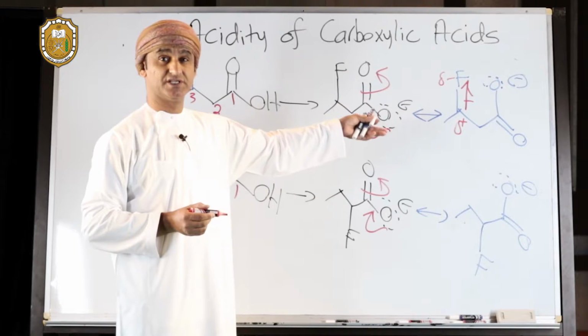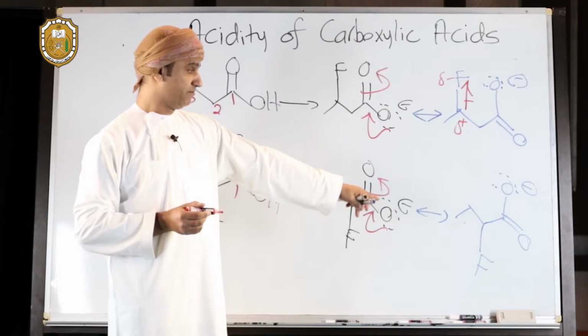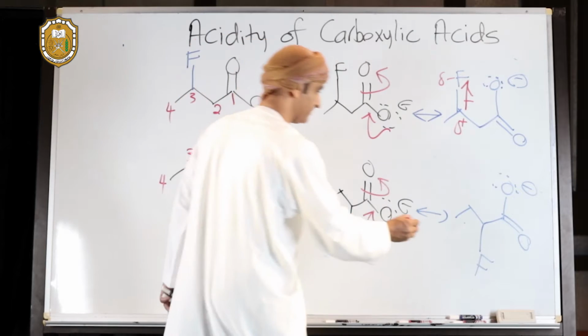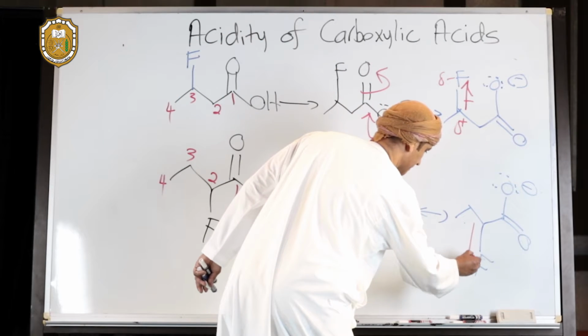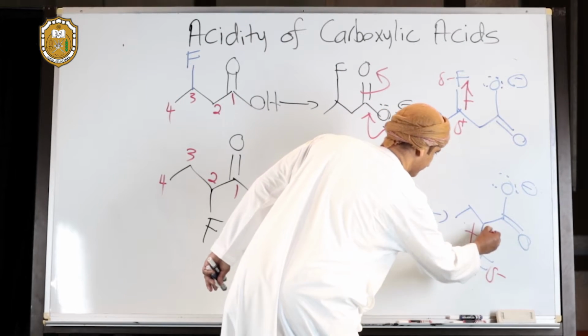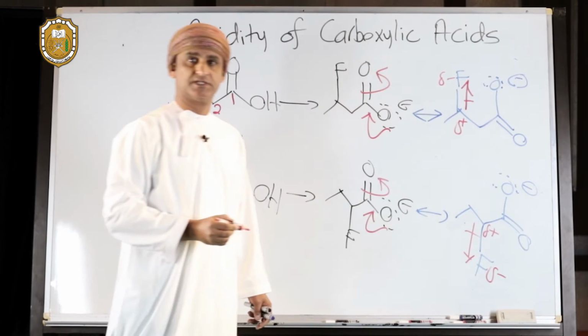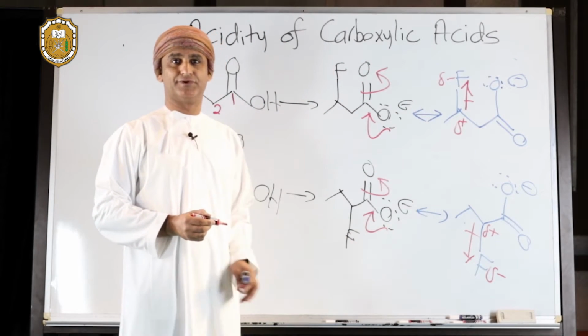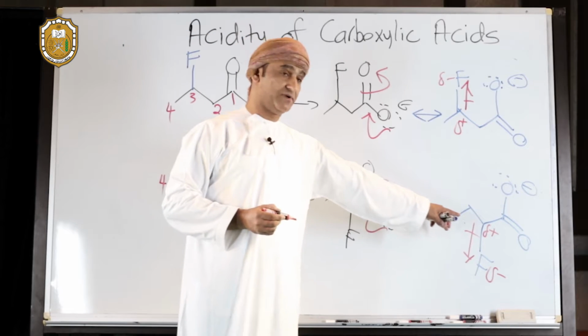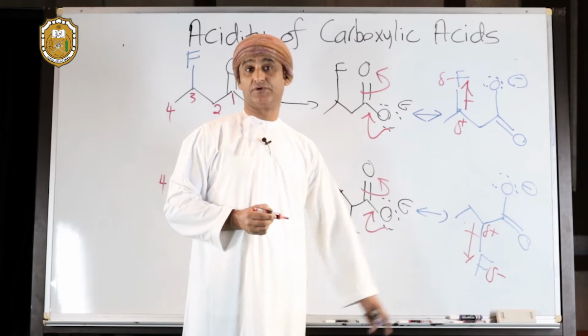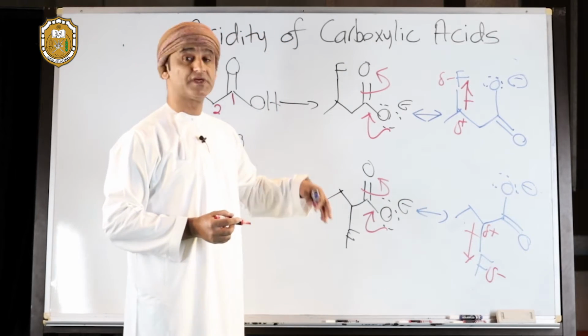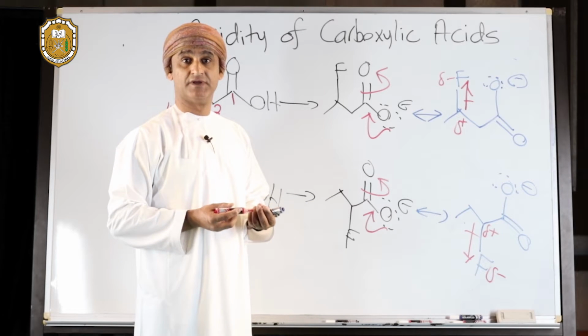So there is an additional inductive withdrawal. But this carboxylate has also the same group. So fluorine also pulls electrons toward itself in that carbon-fluorine bond, leaving carbon with a positive partial charge and fluorine with a negative partial charge. So there is also an inductive withdrawal.